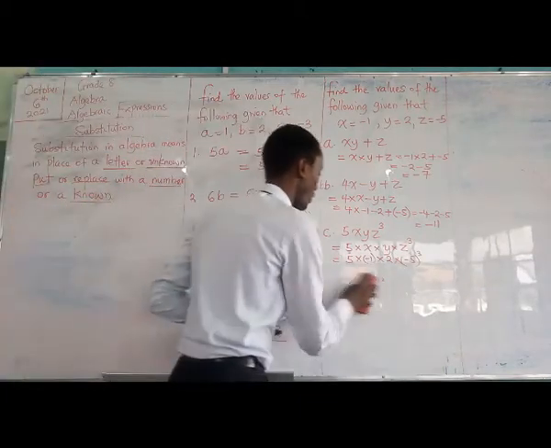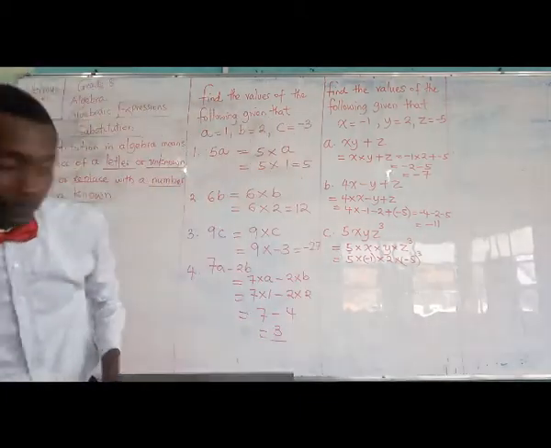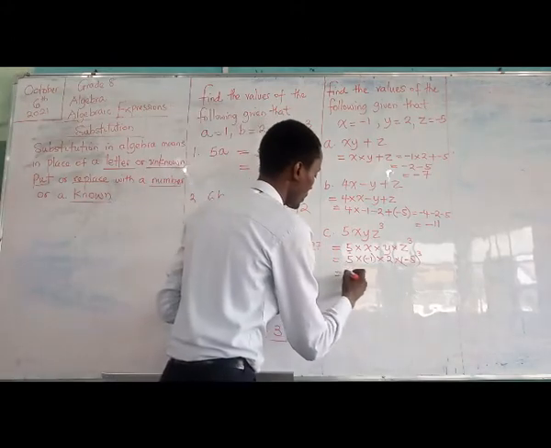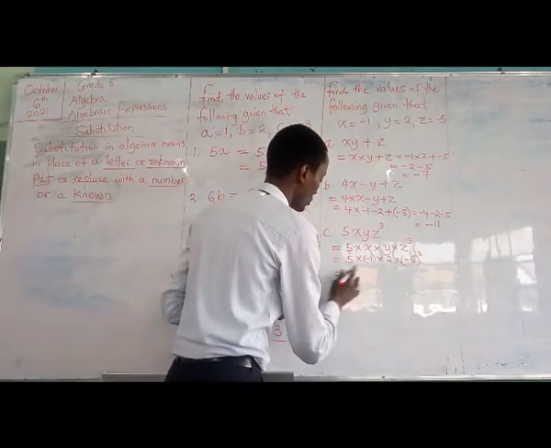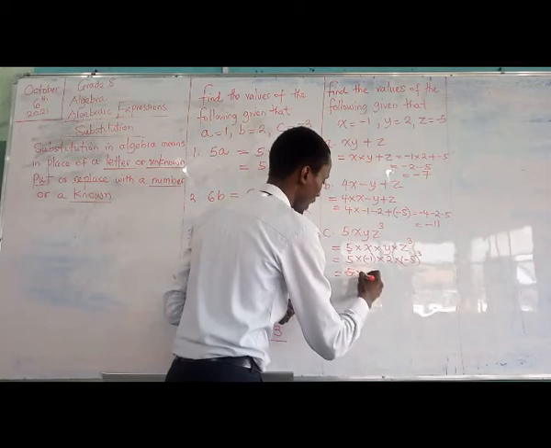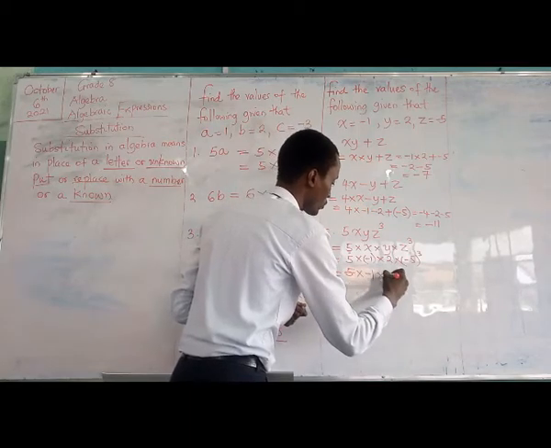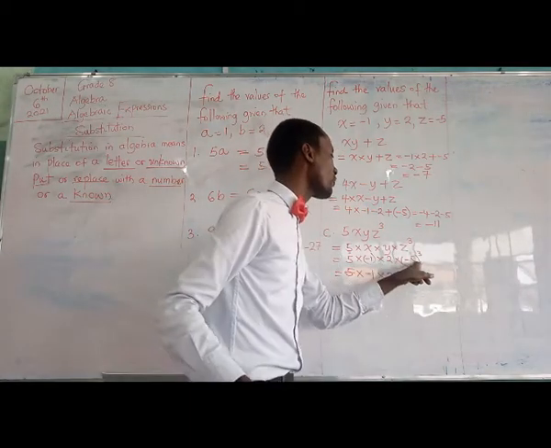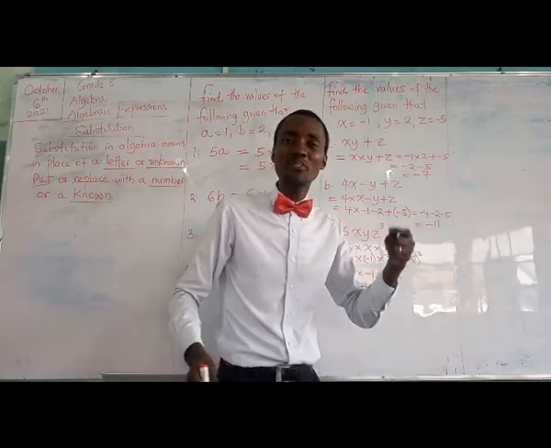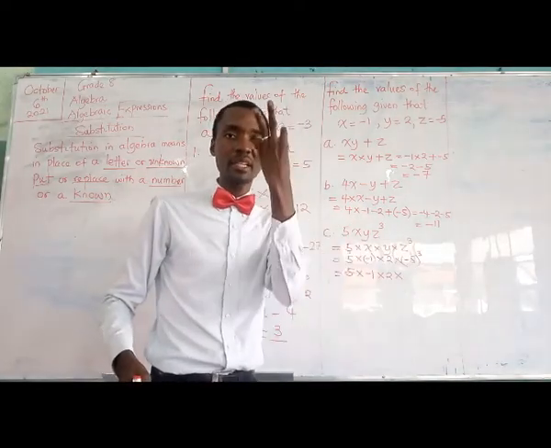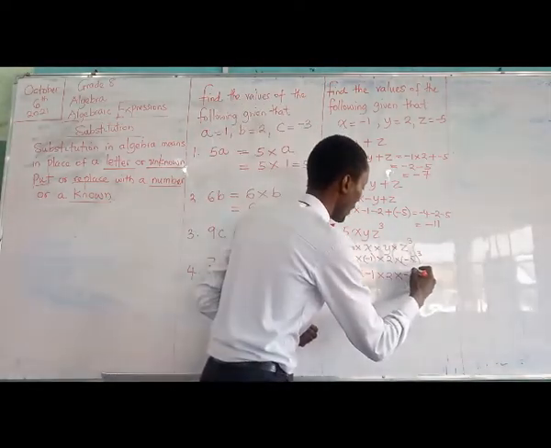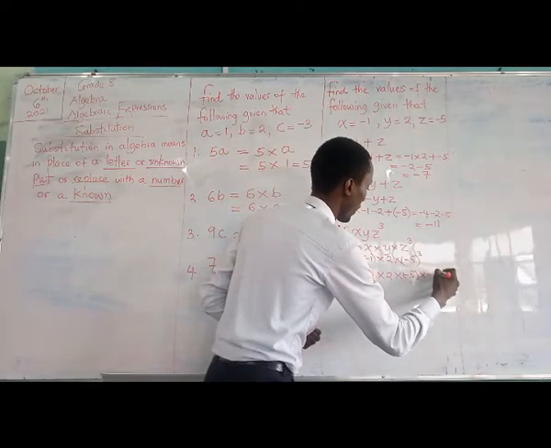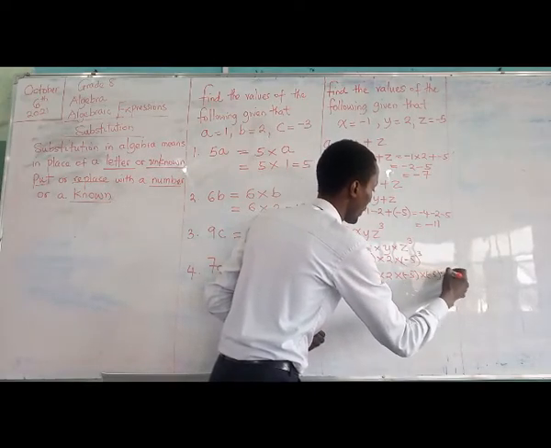I think this problem will take quite some space. So this will give me 5 times negative 1 times 2 times negative 5 all cubed, which means negative 5 is multiplied 3 times. So that will be negative 5 times negative 5 times negative 5.